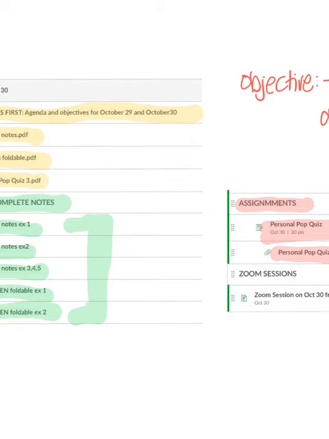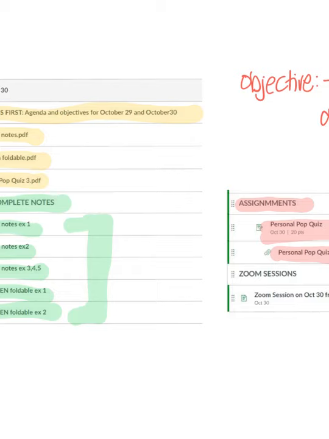We really need to get to the point where, when this is assigned, we are working on it instead of working behind. And I'm not talking 1 or 2 days. I think some of us are very much working 3 or 4 or 5 days behind where we are in class. That's really going to catch up to us when we go to take our assessments. So please be careful of that.